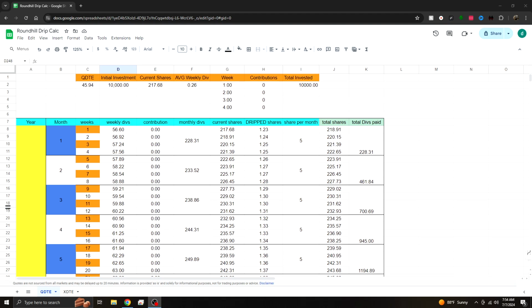But anyway, what I wanted to show you guys was this drip calculator that I made for QDTE and XDTE. So basically what this does is it takes an initial investment, so let's say it's $10,000, and based on the initial investment and stock price, it will calculate how many shares you could buy, and it uses this average weekly dividend.